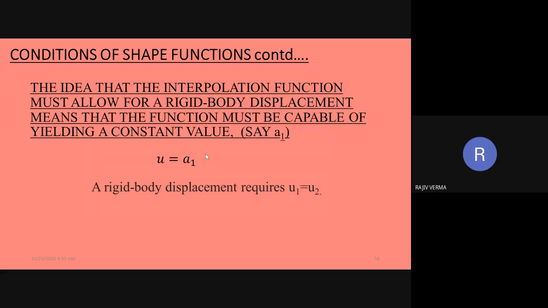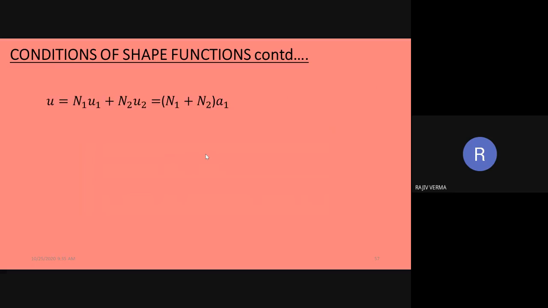And in the next line, we have u1 is equal to u2, which basically means that the deformation is same at both the two nodal locations, which gives us A1 is equal to u1 is equal to u2.